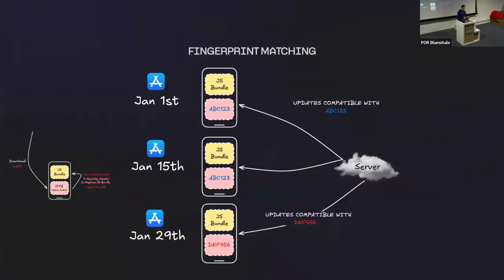So actually a hash again. So you hash your native source code, and then you have a fingerprint, right? And then when you're uploading your OTA bundle, you say this bundle is compatible with this fingerprint. So as long as your native files don't change, your bundles will continue to be working in these old versions.